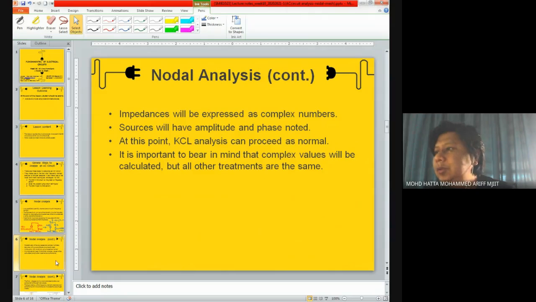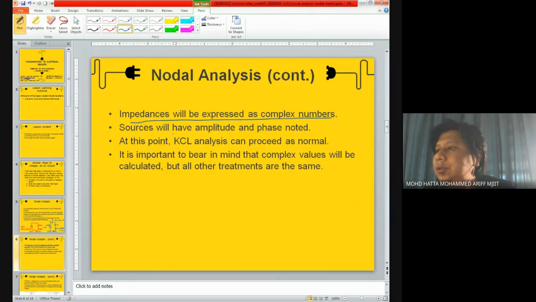If we continue here, I think we already discussed this part. Impedance will be expressed as a complex number. If you look at the circuit I drew just now, yes, of course it is expressed as a complex number because we have an inductor component, where the inductor is treated as reactance in the frequency domain.